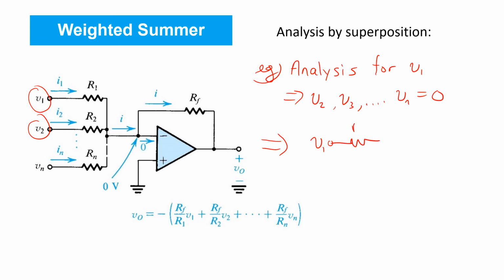V1 would appear across resistor R1, and all the other resistors would have ground at their inputs. These are all the other input terminals being set to 0. So we'll just complete the rest of the schematic here.